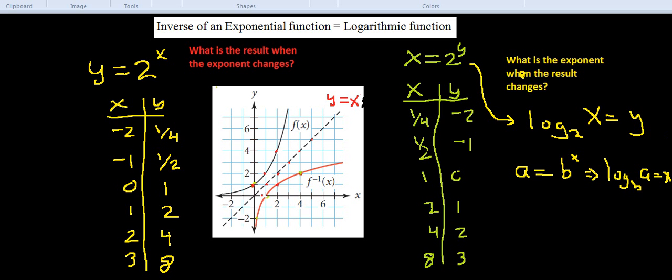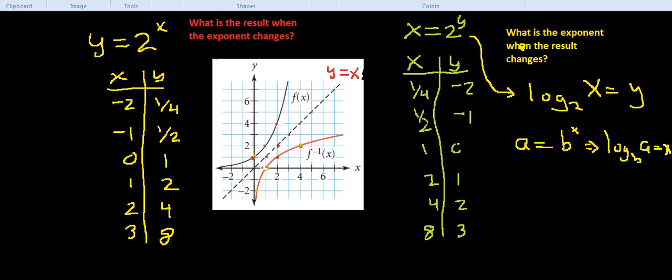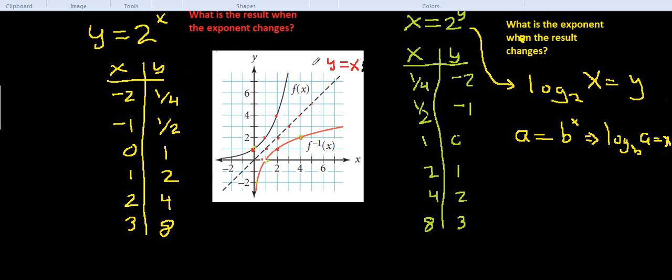And a quick example of this would be, let's see, let's bring this down a little bit. Okay, so let's look at something that we've seen before in the past. Let's say we have 8 equals 2^x. Well, this is a special case.